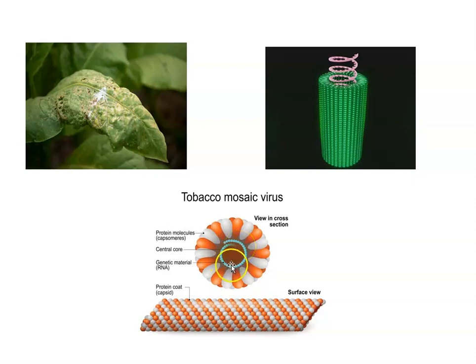And this genetic material is again surrounded by a layer of protein molecules, that is the capsid made up of protein. And that capsid is again made up of small morphological units called capsomeres. So this view means in cross section. In surface view, this tobacco mosaic virus looks like this.